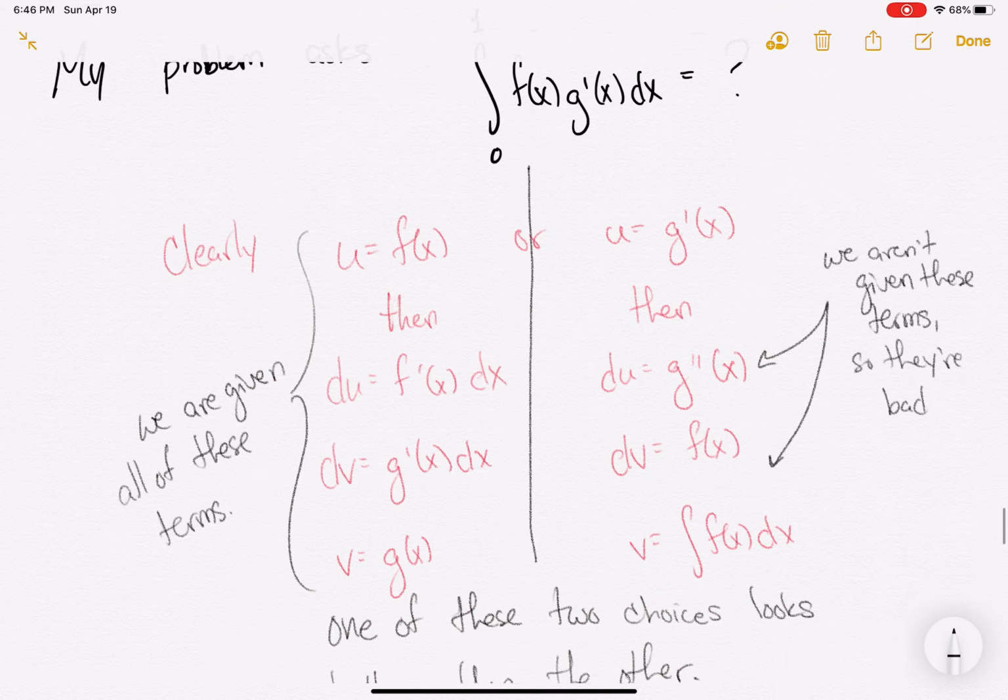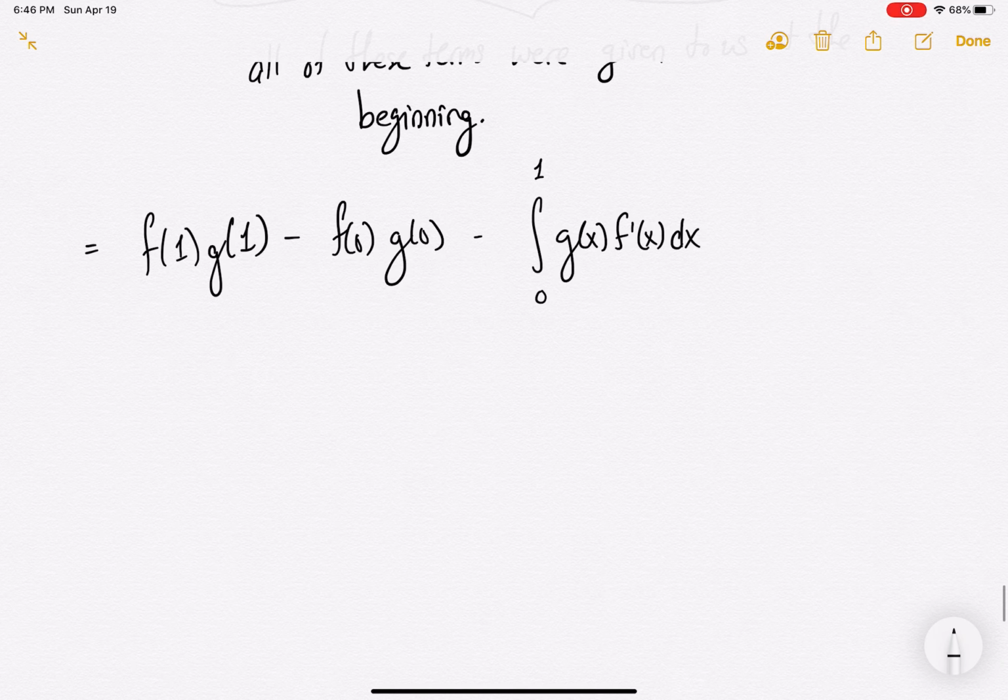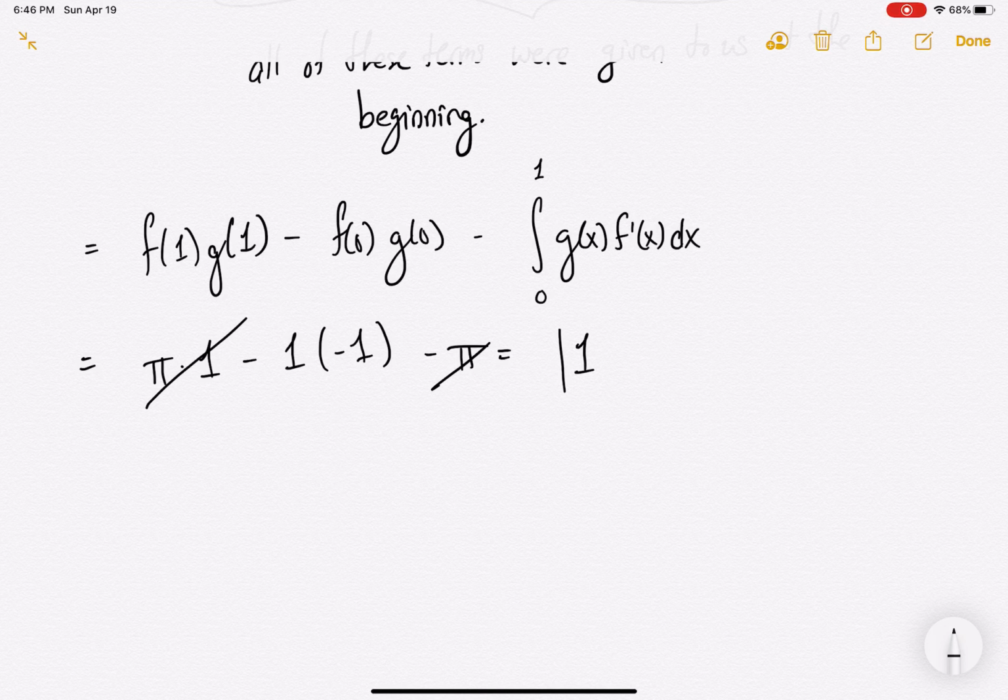So this is pi times 1 minus 1 times negative 1 minus pi. So the pi's cancel, and I'm left with negative 1 times negative 1. I'm left with 1. The answer the exam gives.